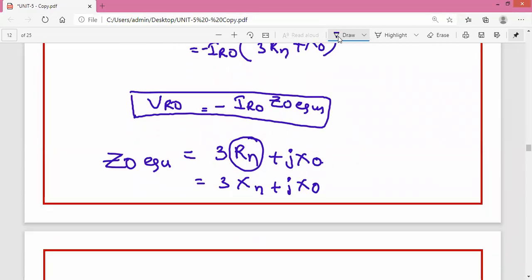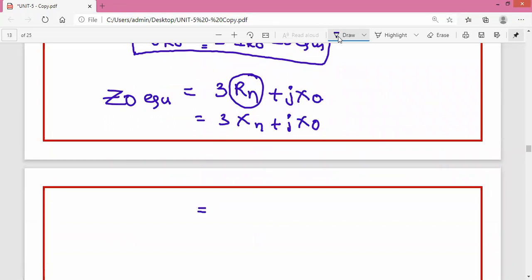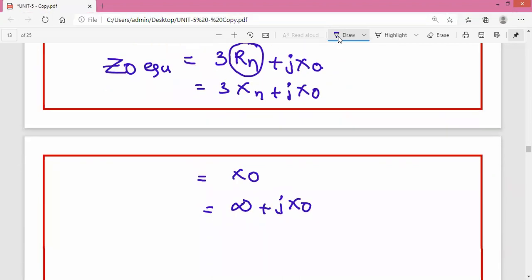If the grounding is taken with respect to a solid grounding, so a wire is just shorted, then the value is simply X naught. If the neutral is not connected to the ground, then this will be infinity plus j into X naught. So depending upon the neutral grounding, the value of Z naught will be varied.